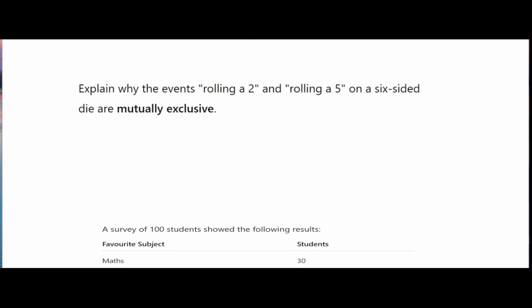Explain why the events rolling a 2 and rolling a 5 on a 6-sided dice are mutually exclusive. Well, mutually exclusive means that both can't happen, and at a maximum only one of them can happen.